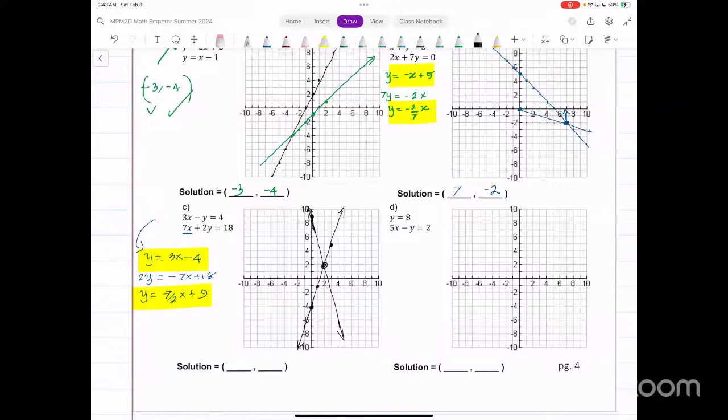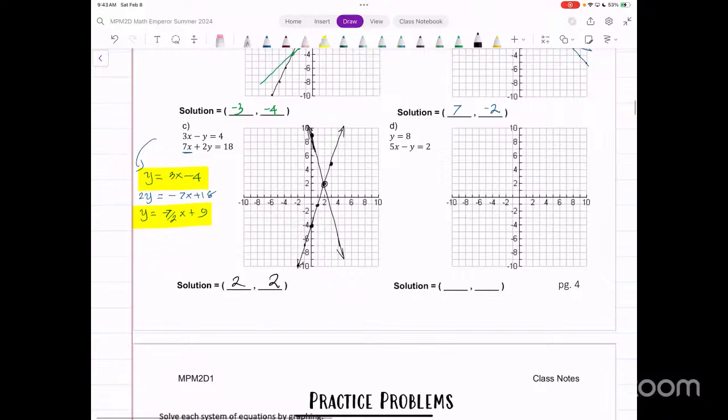What is the point of intersection? 2, 2, isn't it? Let's check it makes sense. 3 times 2 minus 2 is 6 minus 2, which is 4. 7 times 2 plus 2 times 2 is 14 plus 4, which is 18. So we can check that's correct. Right?